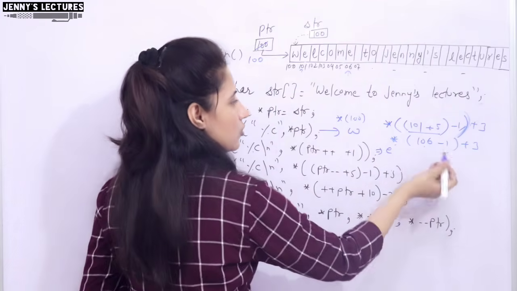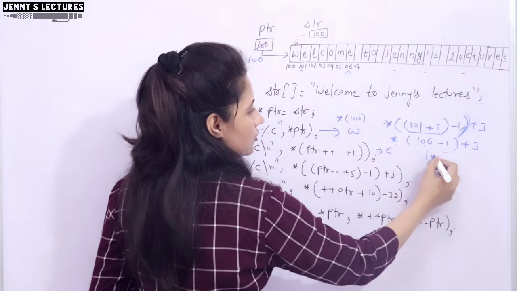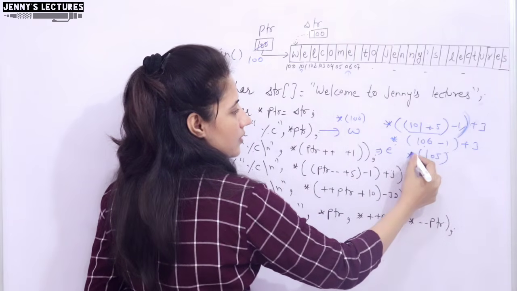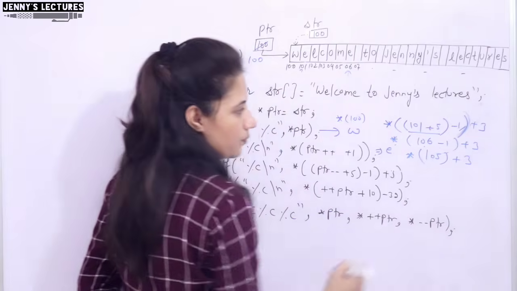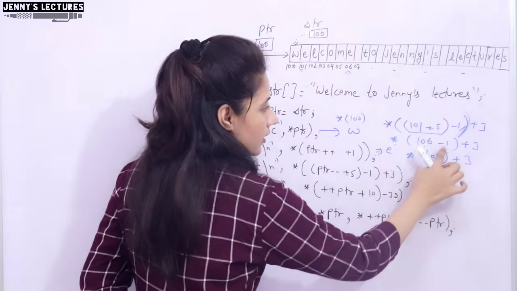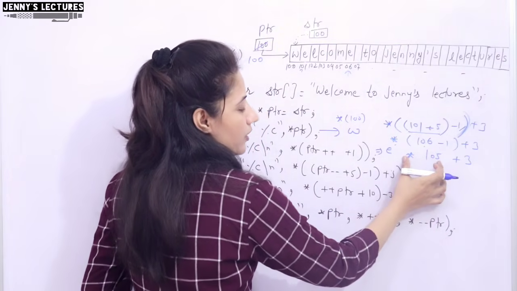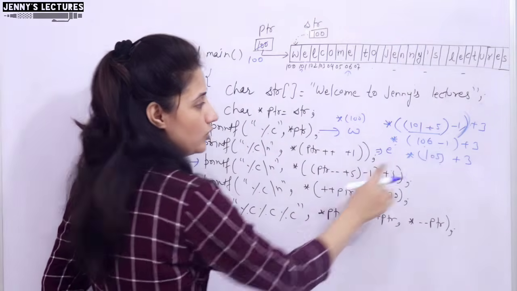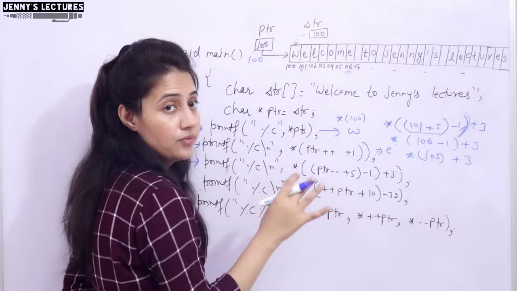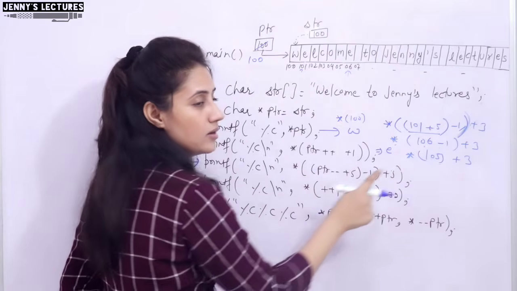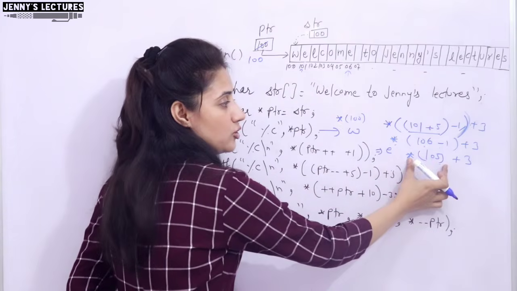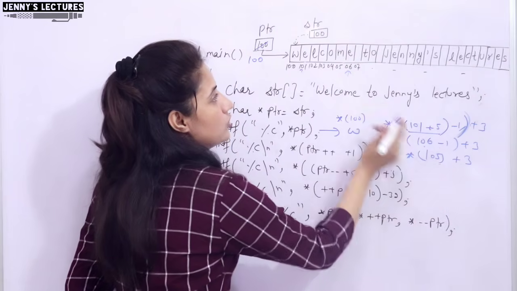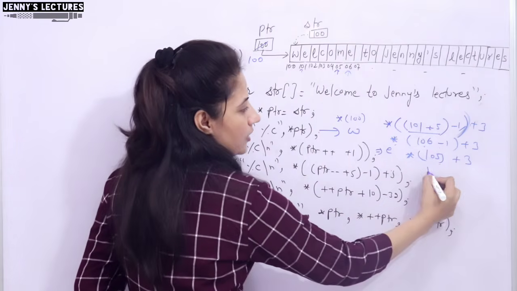Minus 1 means 1 location backward, that is 105, *(105), this one. Now whatever the value at this address, what is the value at 105? Because this has higher priority than the binary plus operator, this would be executed first. So the value at 105 is M, so it will give M.